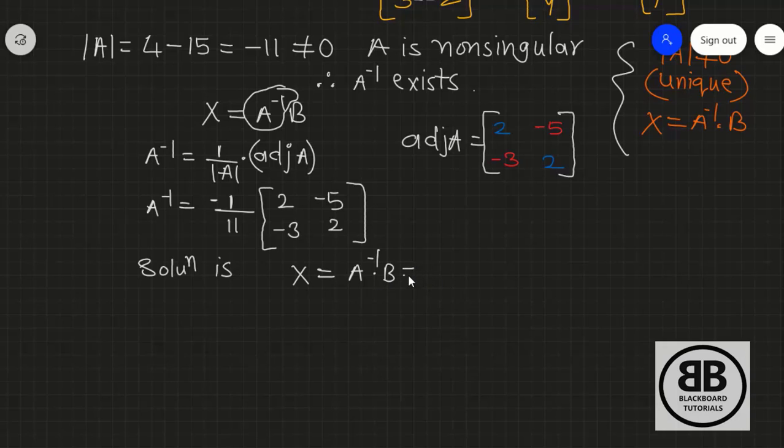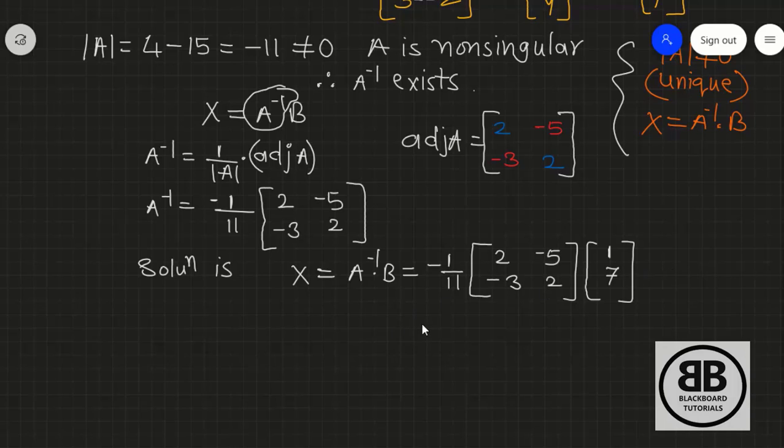We have to take the product of A inverse and B. So A inverse is minus 1 by 11 times the matrix 2, minus 5, minus 3, 2, and matrix B, that is the constant matrix, is 1, 7.